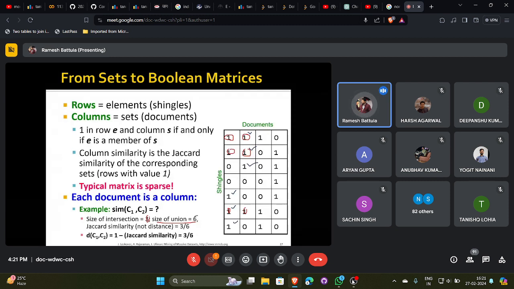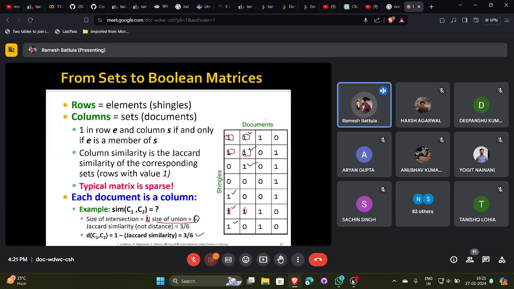So the union is going to be 6. Now we need to calculate the Jaccard similarity. The Jaccard similarity for these two documents is 3 divided by 6. And the Jaccard distance is 1 minus 3 by 6, that is going to be equal to 3 by 6. Am I correct?